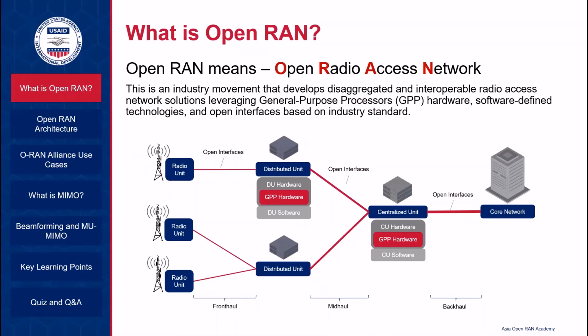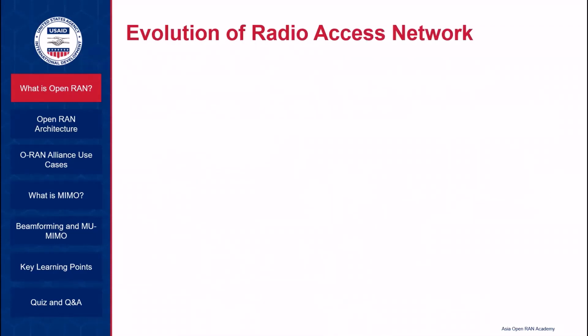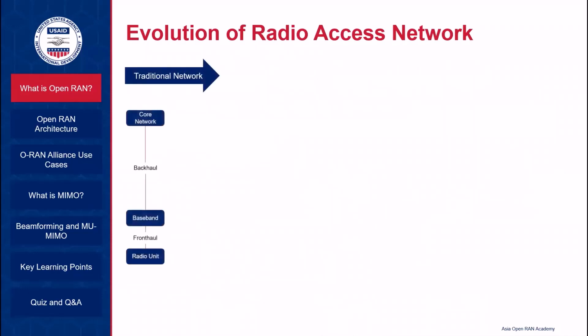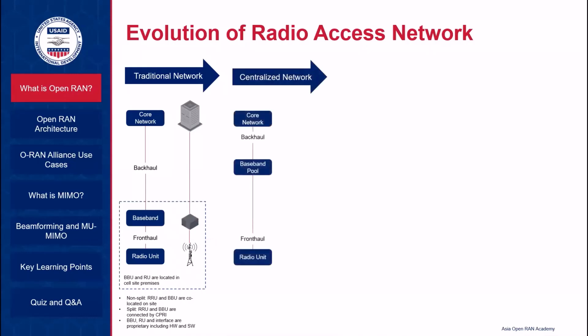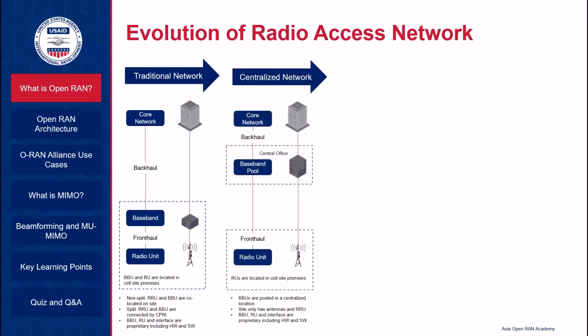Okay, so this Open Run evolves. Balikan lang natin yung evolution. Nagsimula tayo, nandito tayo ngayon sa traditional network, okay, where the baseband and the radio unit are located in the cell site premises. And then later on, nag-evolve yan into centralized network in which yung ating mga baseband na dating nasa cell site natin are located no sa ating mga central office, para for pooling of resources.